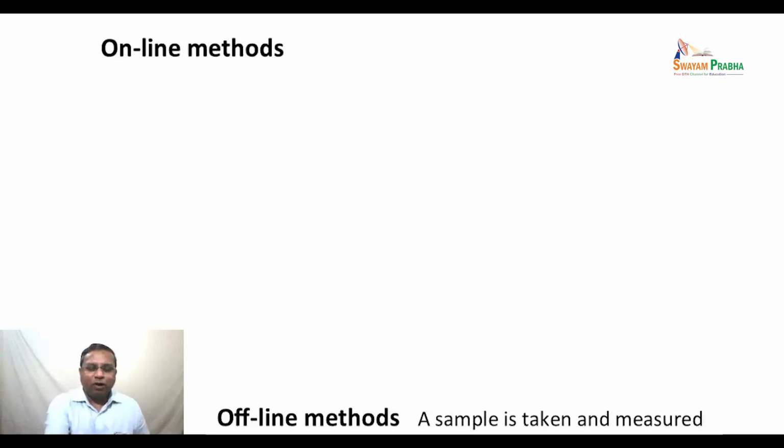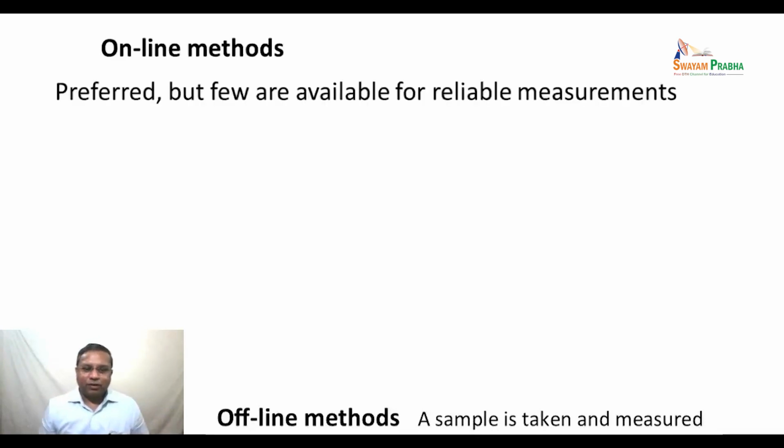We will look at some online methods. They are of course preferred because they are measured at the point of interest without disturbing the bioreactor. So the best view or the best information comes from online methods. But few are available for reliable measurements, and that becomes the difficulty with online methods.